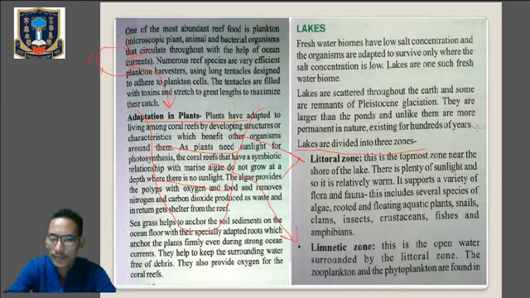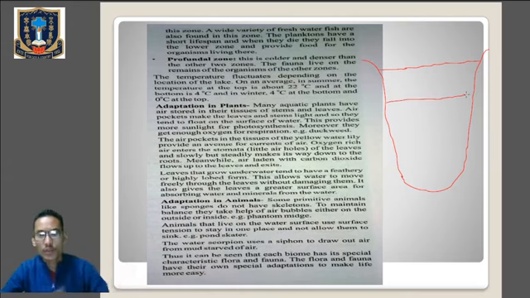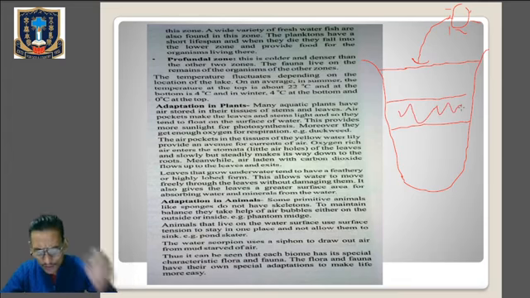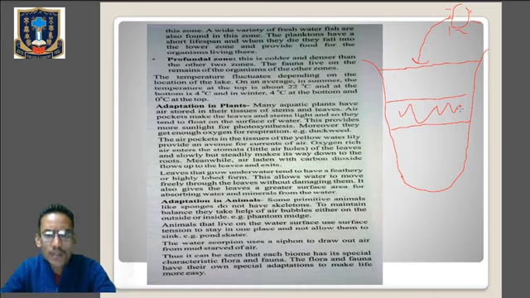So I'll just draw one more time. So this is the lake. The first zone in the lake is called which zone? It's called the littoral zone, which will get the direct sunlight. Then the second zone is called the limnetic zone, where we will find zooplankton and phytoplankton, and a wide variety of freshwater fishes are also present in this zone.